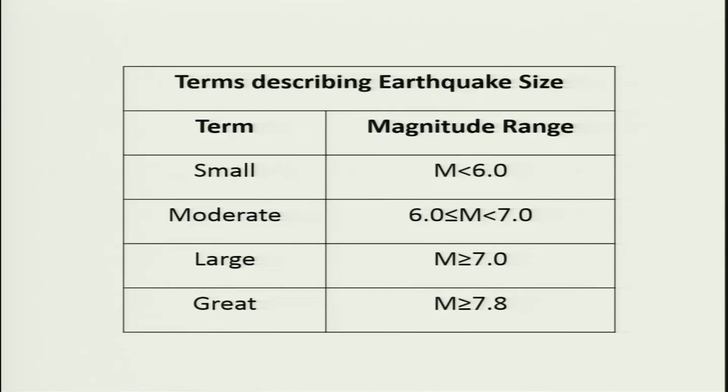In the literature you will find several terms describing earthquake size in terms of small, moderate, large and great, and the magnitudes assigned to such terminologies are: small is less than 6, moderate is greater than or equal to 6 and less than 7, large is usually greater than or equal to 7, and great is greater than or equal to 7.8.